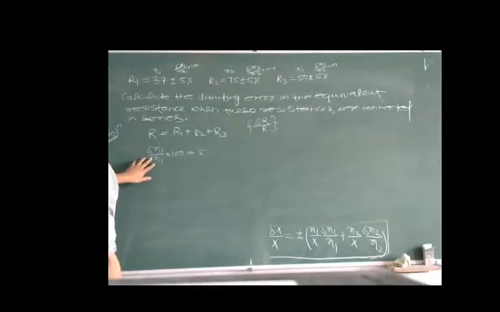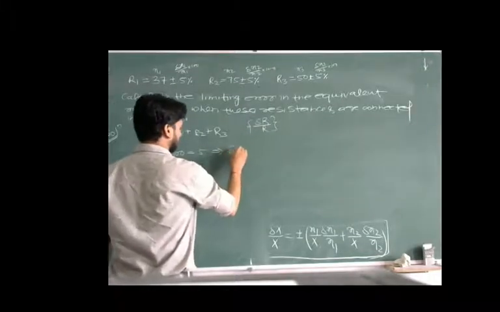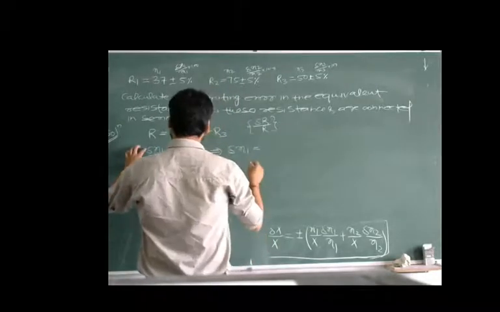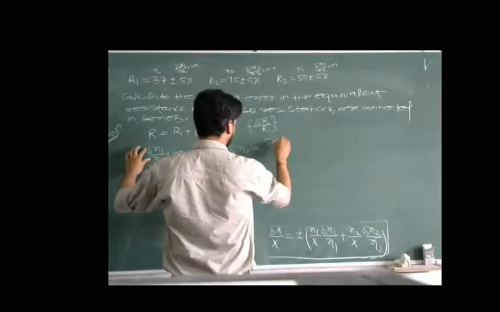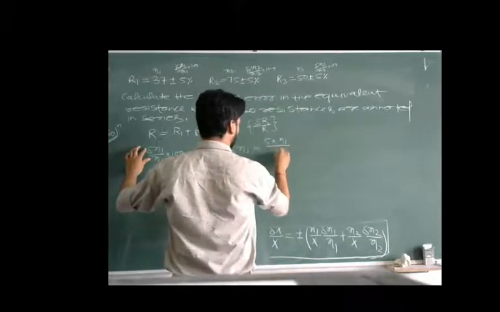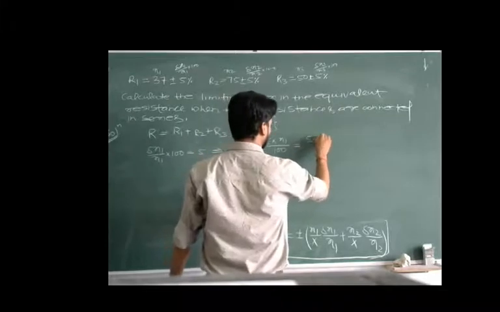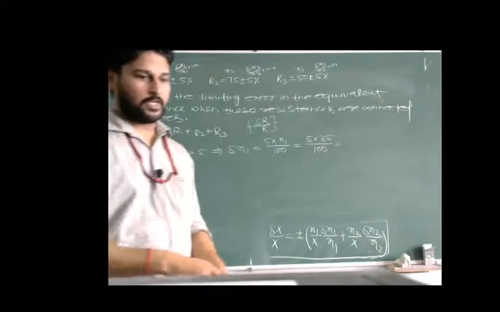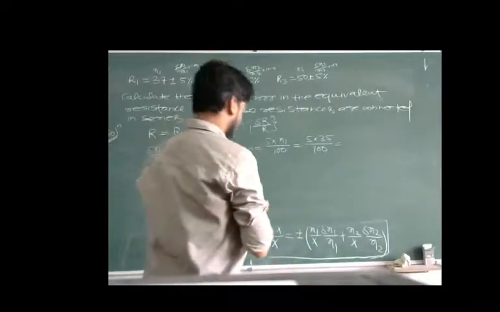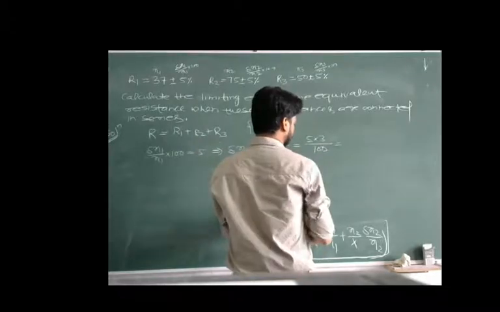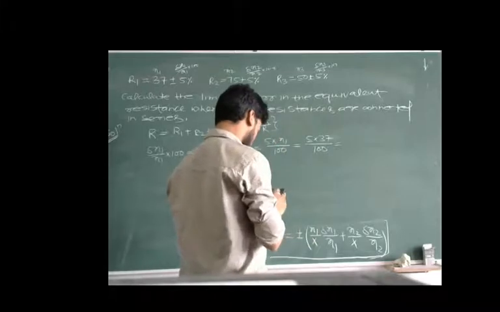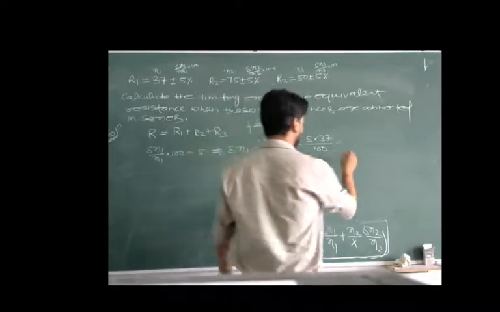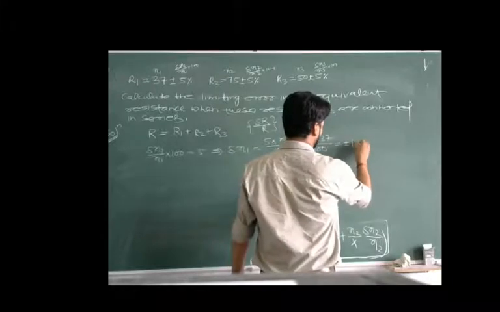X1 is 37, so we can calculate del x1 as 5 into x1 by 100, which is 5 into 37 upon 100. This value is 1.85.